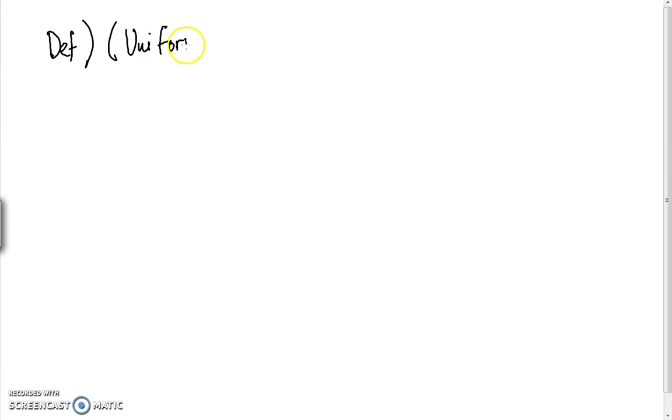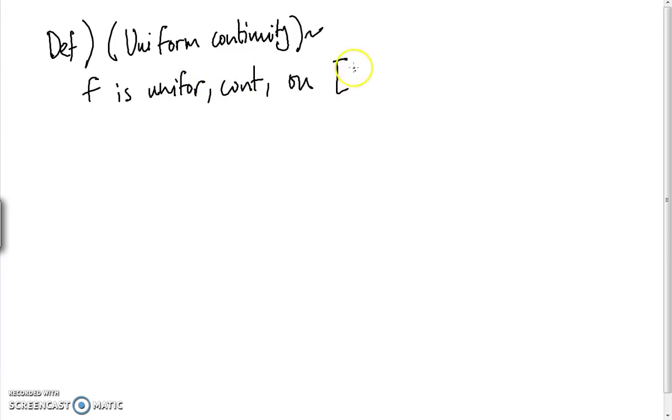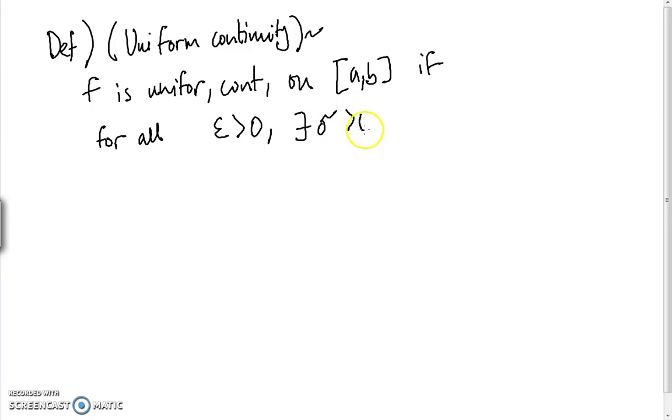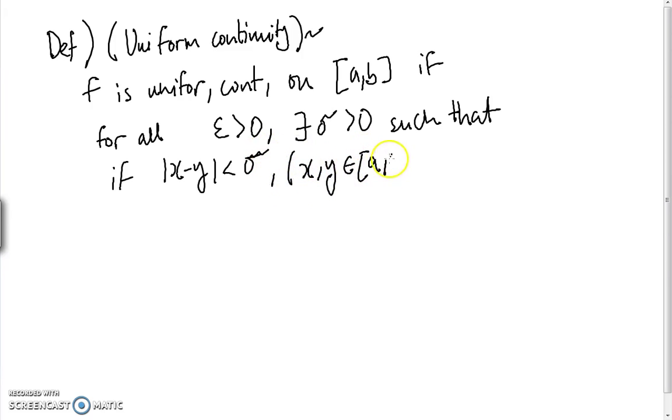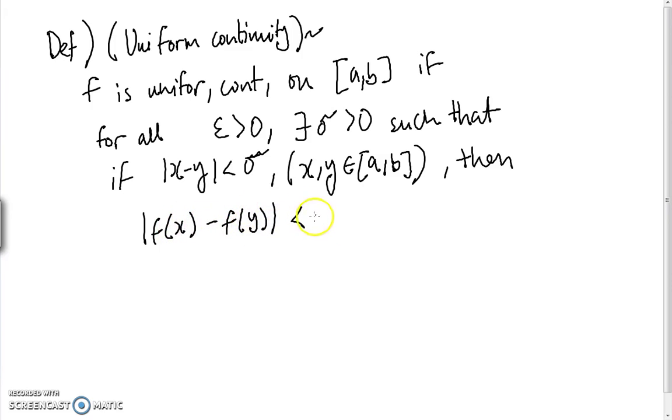So, uniform continuity. f is uniformly continuous on AB if for all epsilon greater than 0 there exists a delta greater than 0 such that if |x minus y| is less than delta, with x, y in AB, then |f(x) minus f(y)|, the distance between f(x) and f(y), can be made less than epsilon.